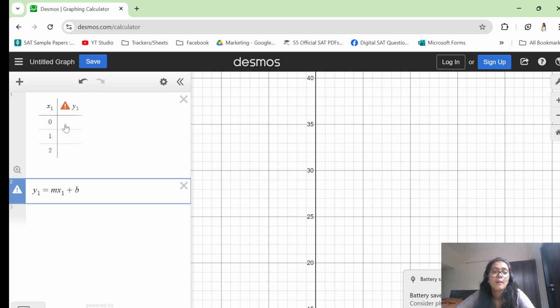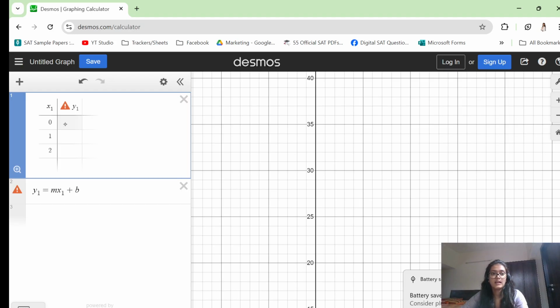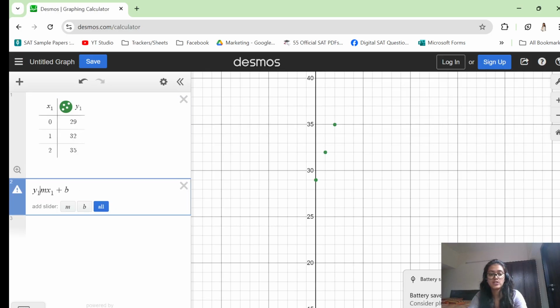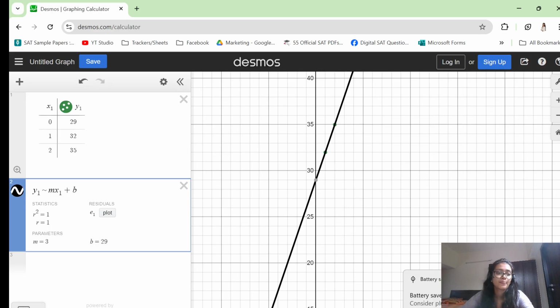Then the equal sign, you change it to the squiggly line. Instead of the equality symbol we will type this squiggly line, the one on the left side of the key 1, like the exclamation mark on your keyboard.